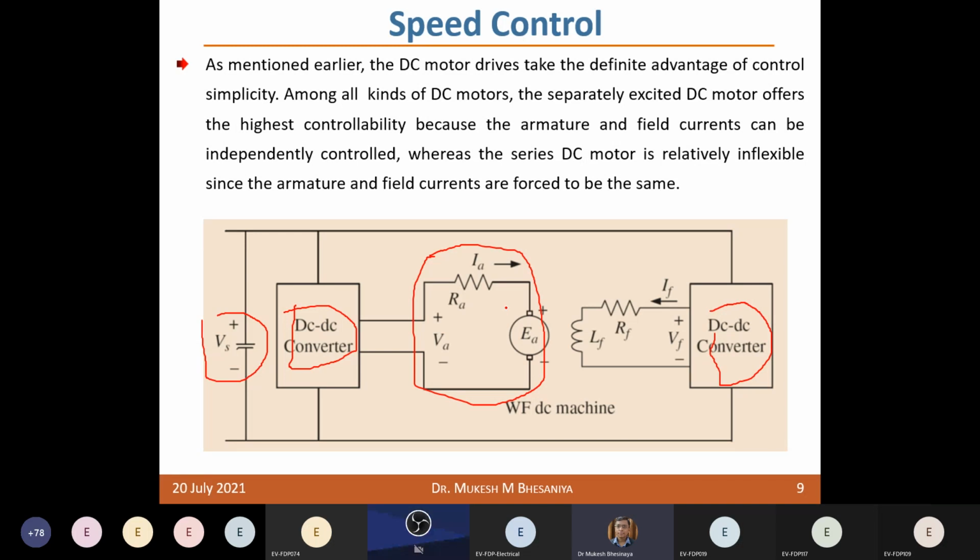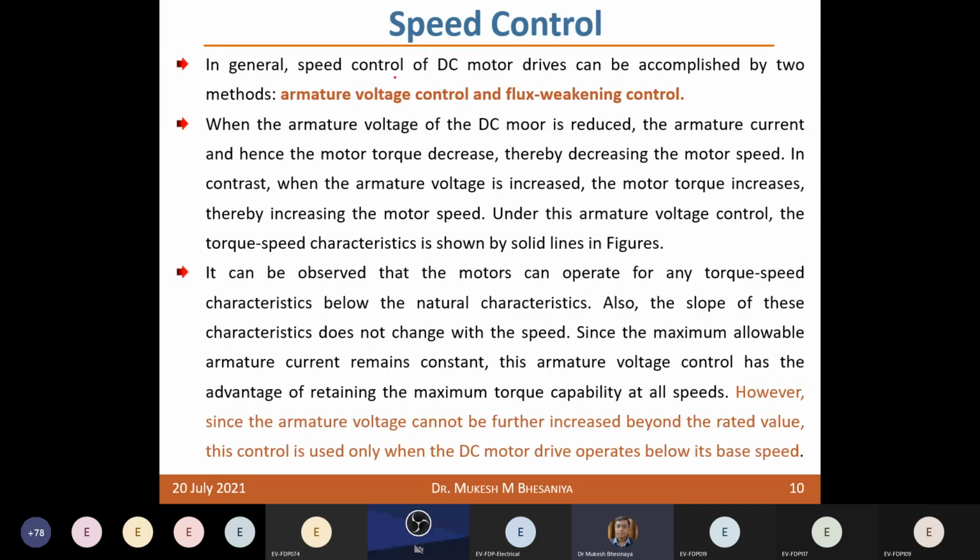By changing the field voltage, you can then increase the speed further while keeping the armature voltage constant. As I mentioned, in general, the speed control of this machine can be accomplished by these two methods.